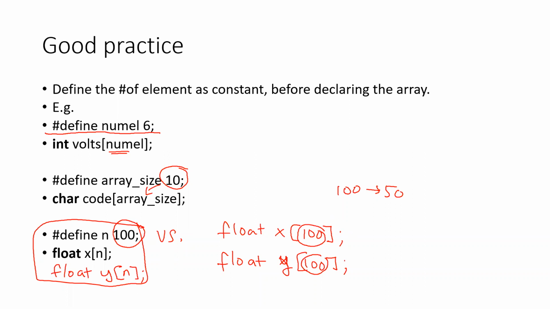Okay. Dan satu lagi, contohnya kalau saya ada float x 100 dan let's say the same thing, float y, let's say 50.